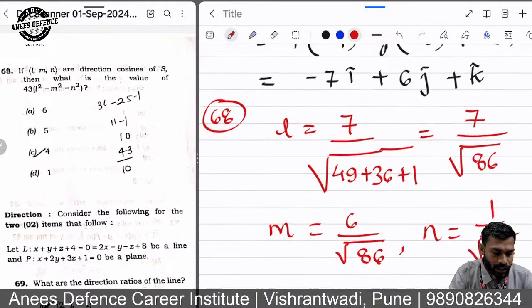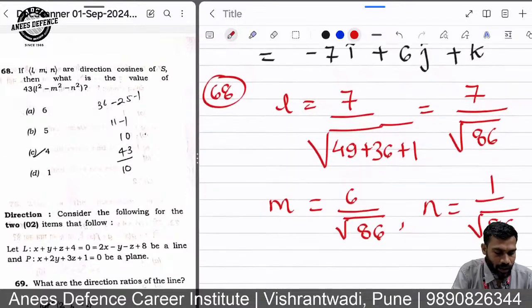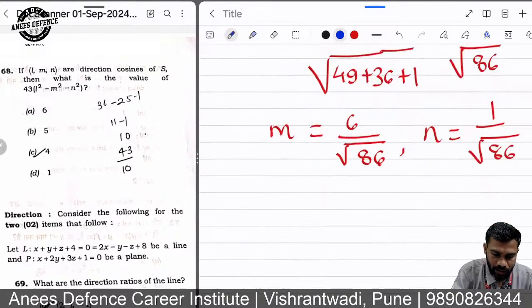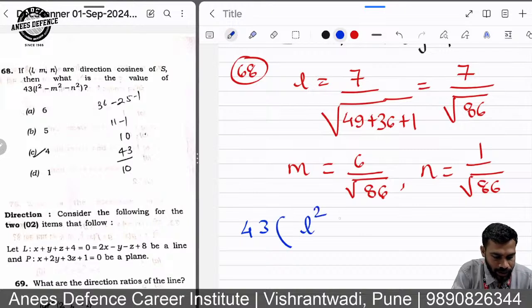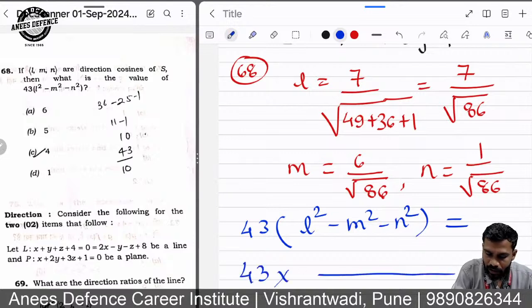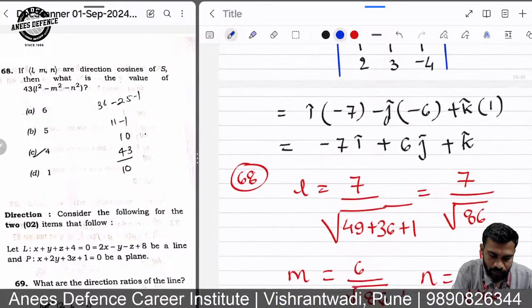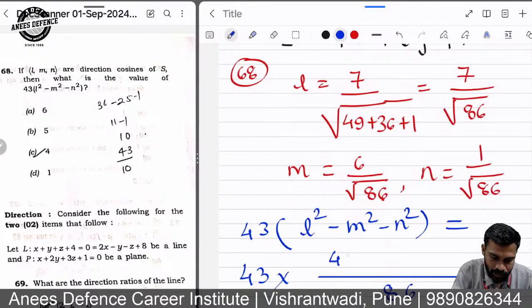Now we are supposed to find out l square minus m square minus n square into 43. So very easy. As we have got the values of l, m, n, so 43 times l square minus m square minus n square will be equal to 43 into, in the denominator, we can have 86 directly. And here we have got l square will be 49 here. m square will be 36.